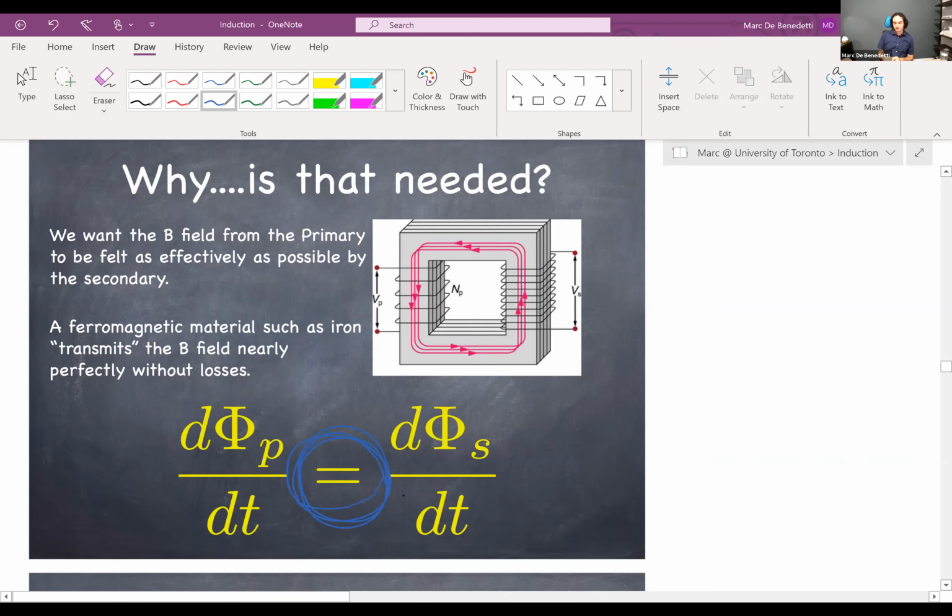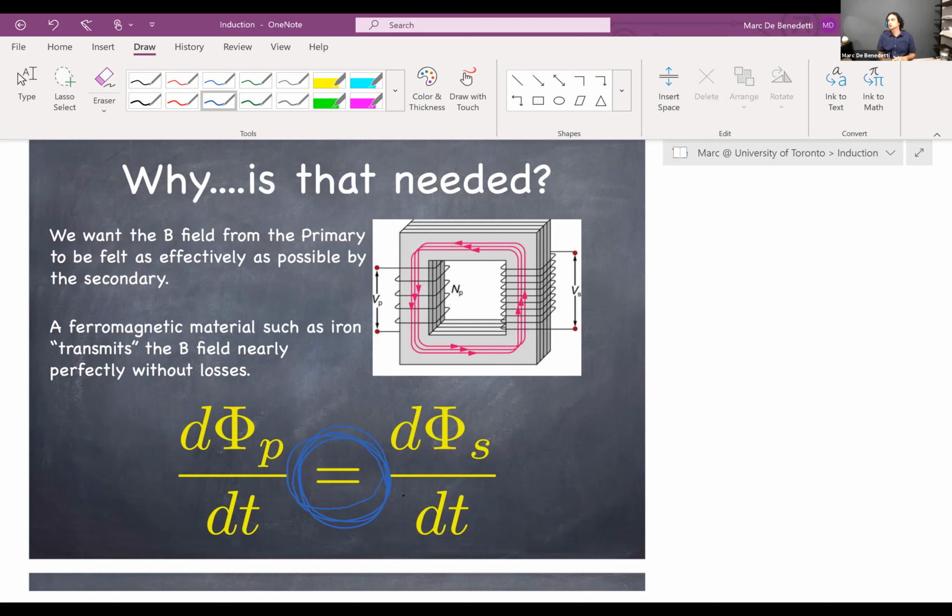So this is the basis of how transformers work. The basis of how a transformer works is that the flux felt by the primary coil is the same as the flux felt by the secondary coil. That's the premise. Now, please understand, there is nothing in the laws of physics that says the flux felt by a secondary coil must always be equal to the flux felt by the primary.